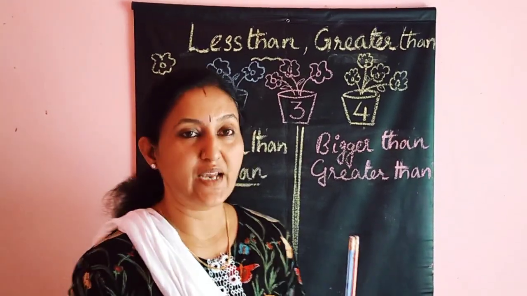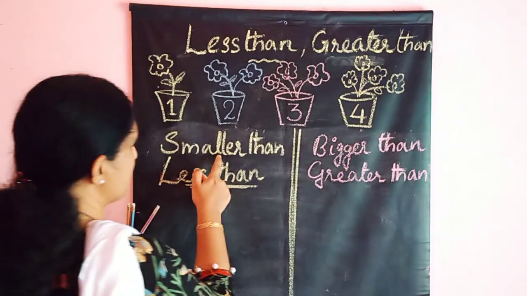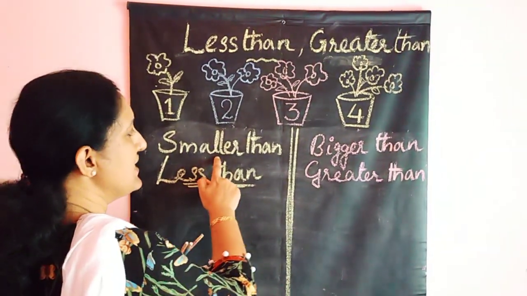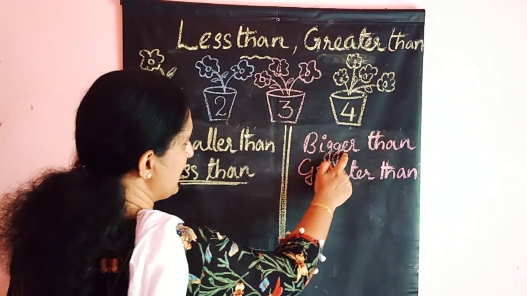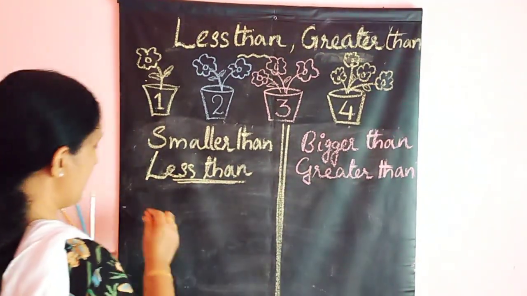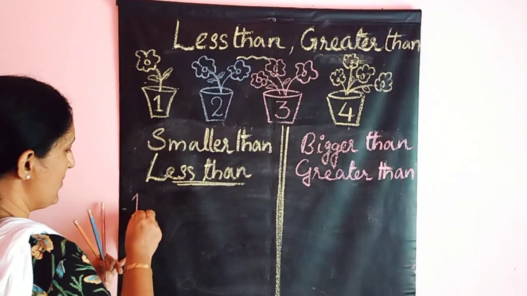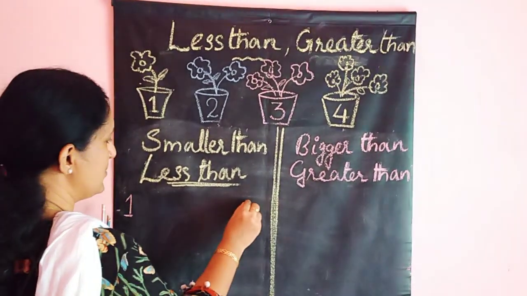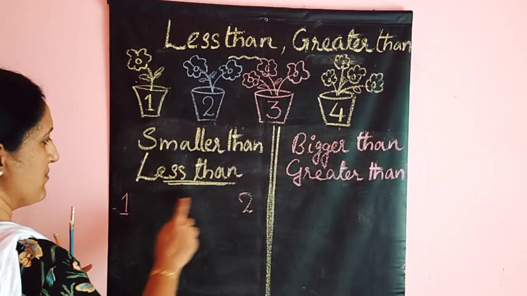I am going to write both the ideas, by using smaller than and bigger than, or by using less than or greater than. How did we compare 1 and 2? First we compared 1 and 2.